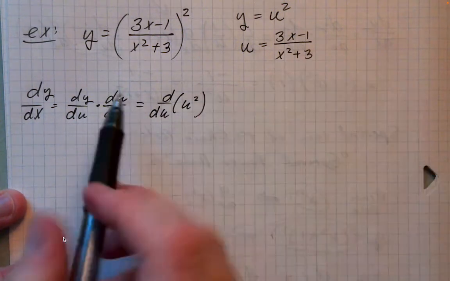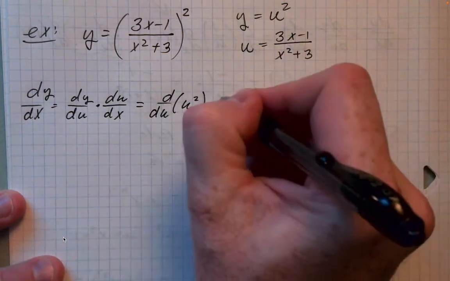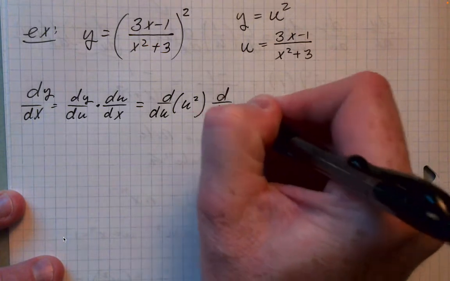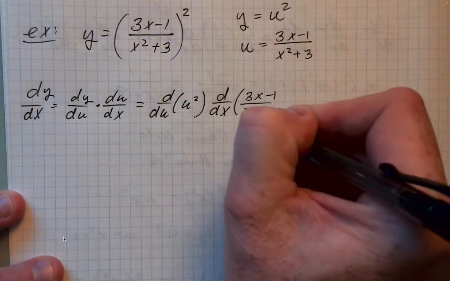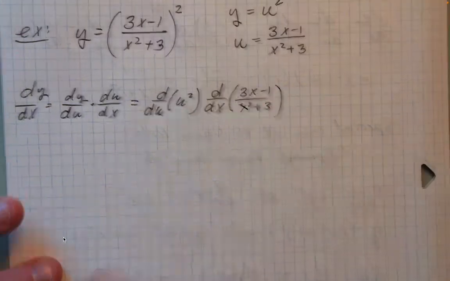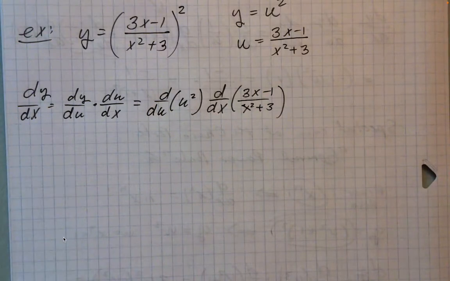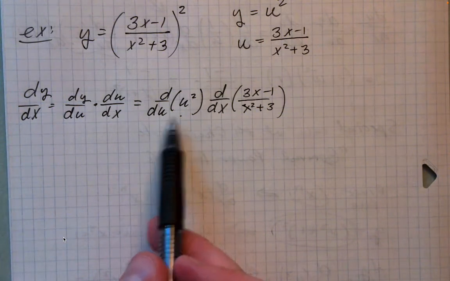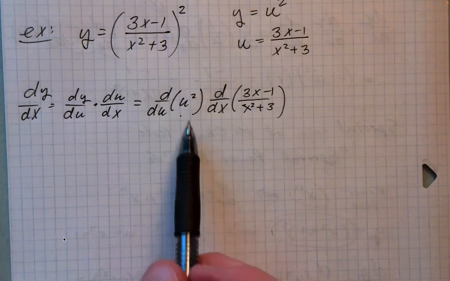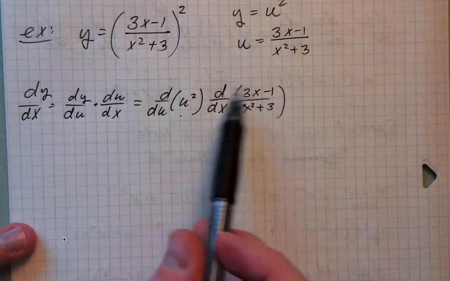And then u is this complicated thing here, so it would be d dx of u, 3x minus 1 over x squared plus 3, right? So that guy. Now, this derivative is straightforward, right? Super easy, power rule, no problem. What about this one? What do we have to do over here?